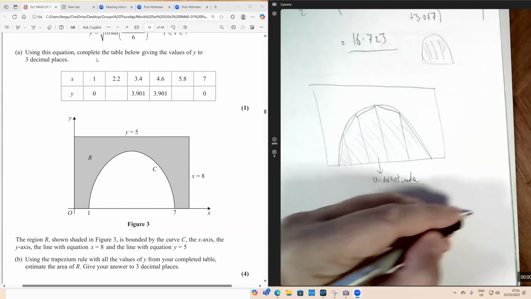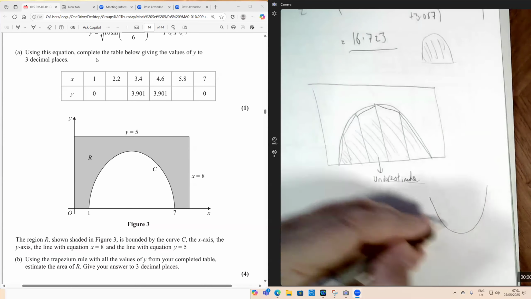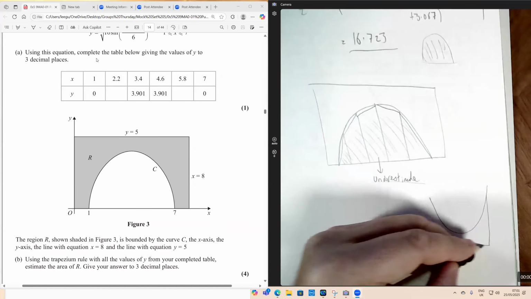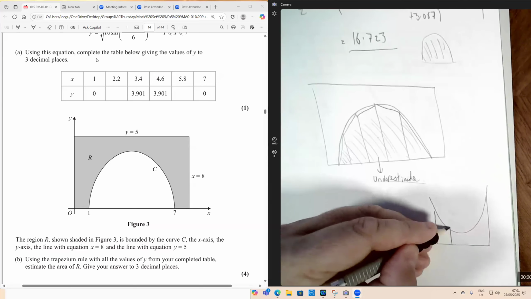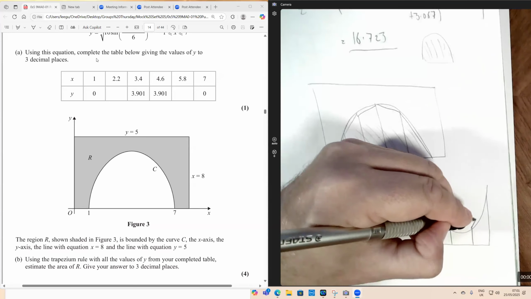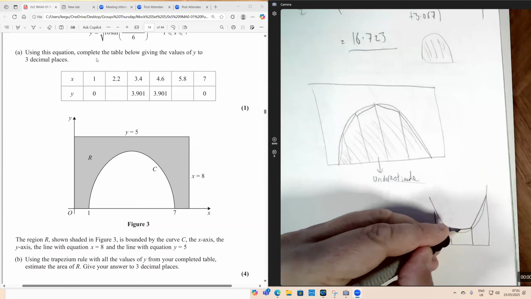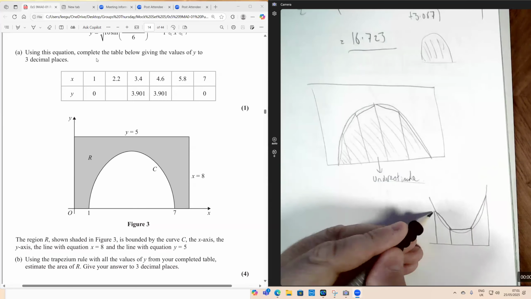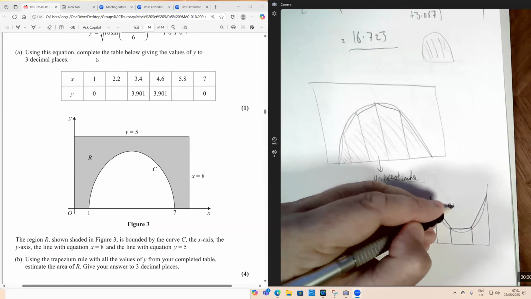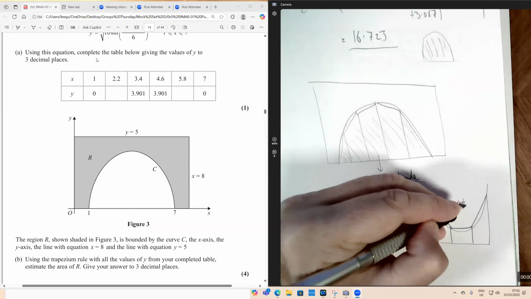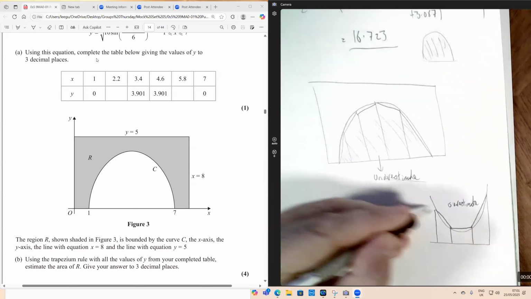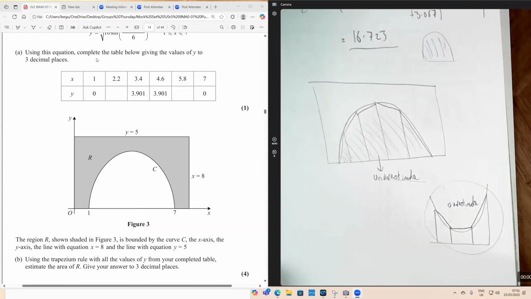If we have a convex curve like this and we use the trapezium rule, we would get an overestimate, because the tops of the trapezia lie above the curve. So that's generally speaking what happens.